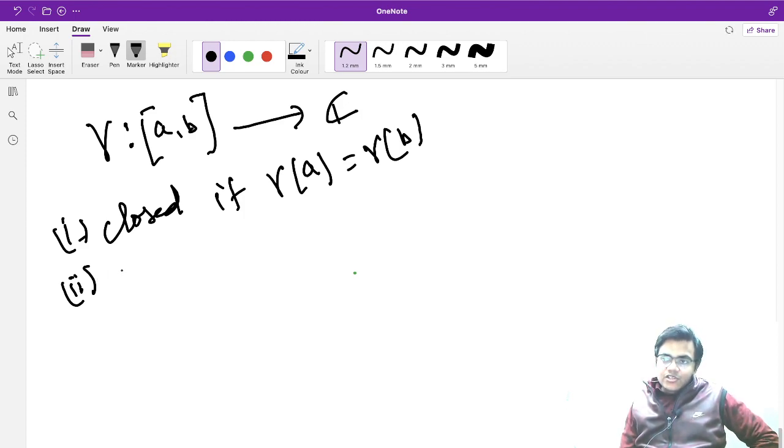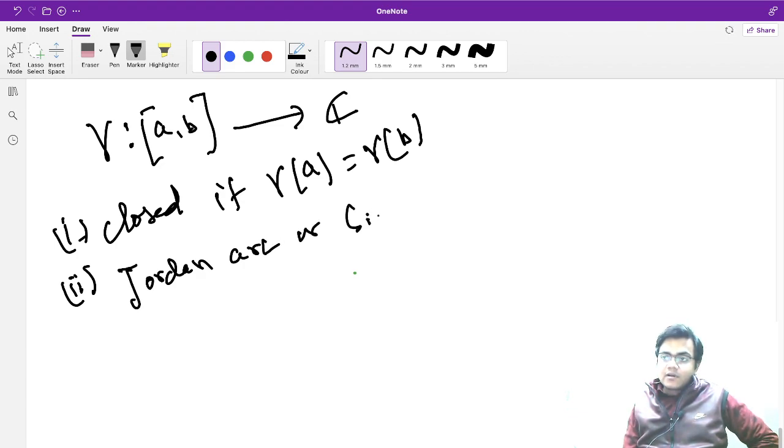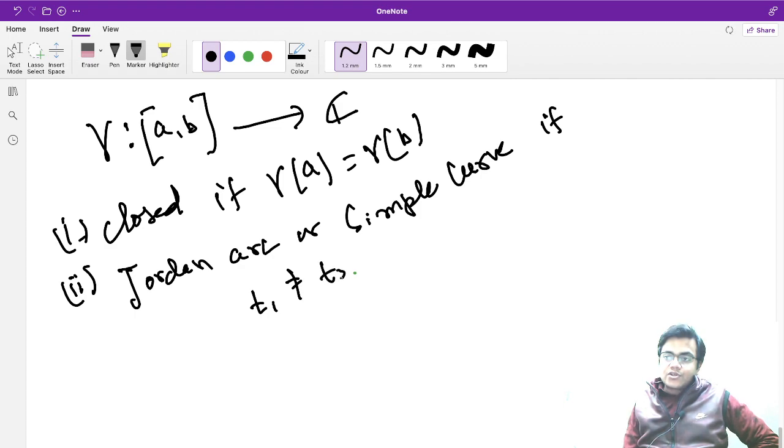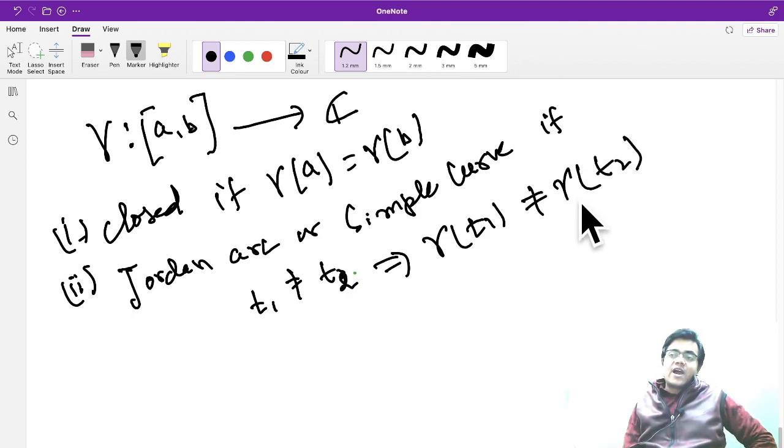Second, it is called a Jordan arc or simple curve if t1 is not equal to t2 implies gamma of t1 is not equal to gamma of t2. If this happens, then you will say it is a Jordan arc.